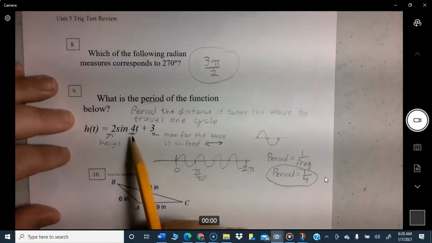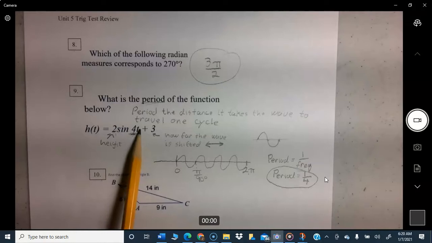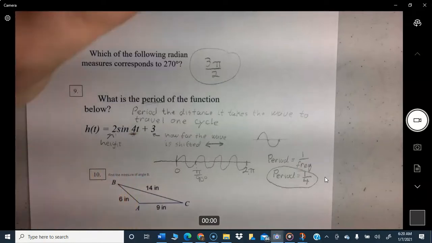So 1/4 plus 1/4 plus 1/4 plus 1/4. Just remember, the reciprocal of this number is going to be the period. Whatever that number is in the problem on the test, it's going to be 1 over that number.